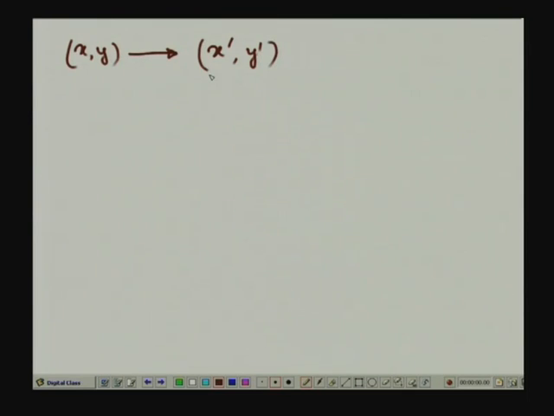Then what we can do is we can go for estimation of a polynomial degradation model, in the sense that I estimate that x prime is a polynomial function of x and y.